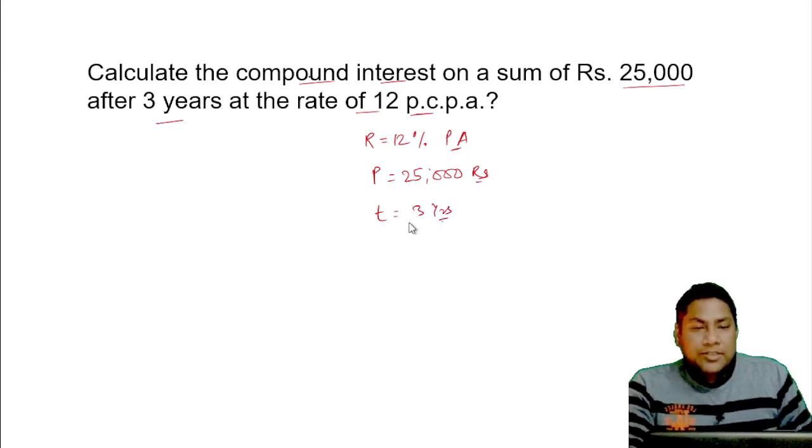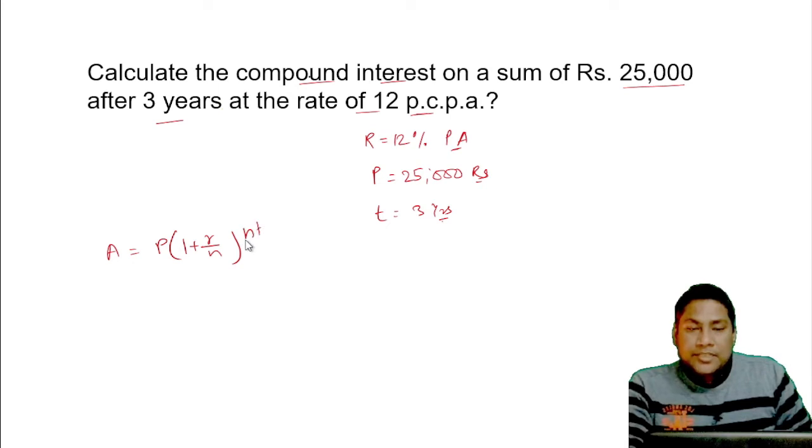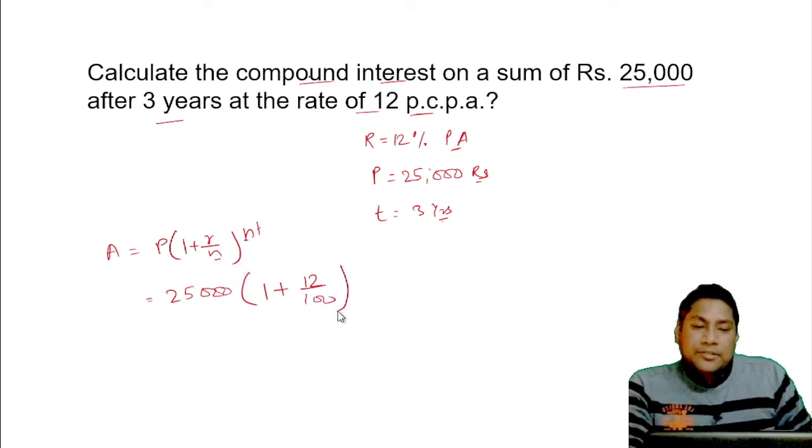So friends, we know the formula of amount. The formula of amount is A is equal to P, in the bracket 1 plus R divided by N, bracket close, to the power T. Here the value of N will be 1. So we can write that principal is 25,000, in the bracket 1 plus R, that is rate of interest, 12 by 100.